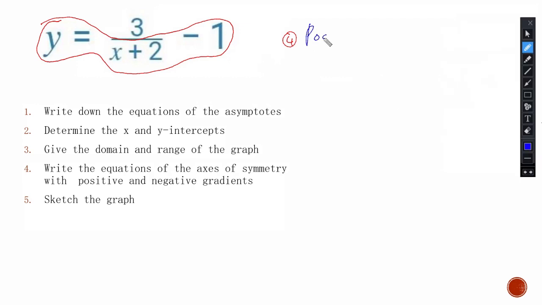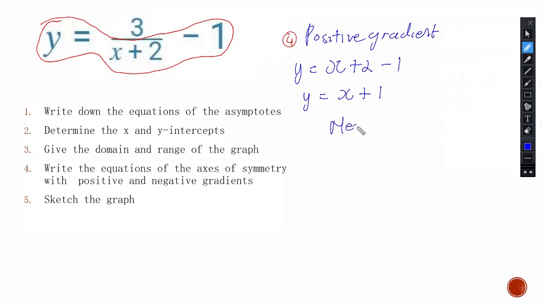This is the one with the positive gradient. For the one with the positive gradient, you'll say y equals x plus 2 and then minus 1, which is going to give us y equals x plus 1. 2 minus 1 is 1. And then for the one with the negative gradient, you have to remember that you come here, only the denominator inside the bracket and then negative outside.